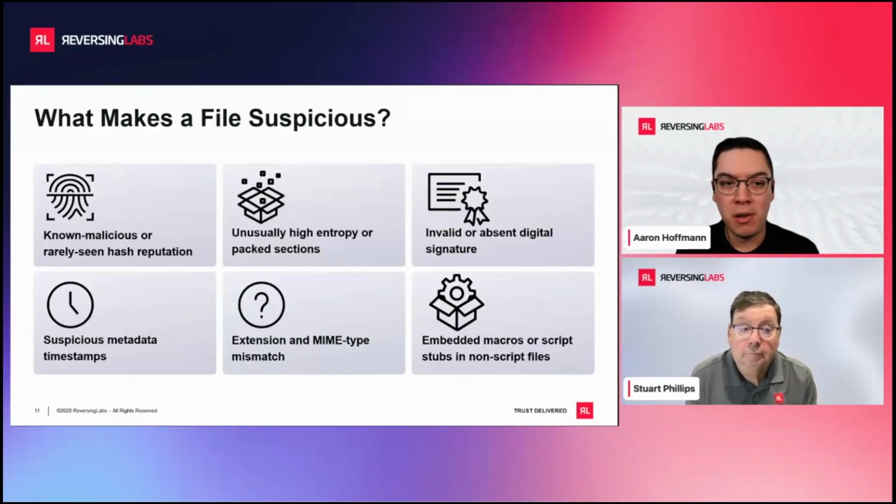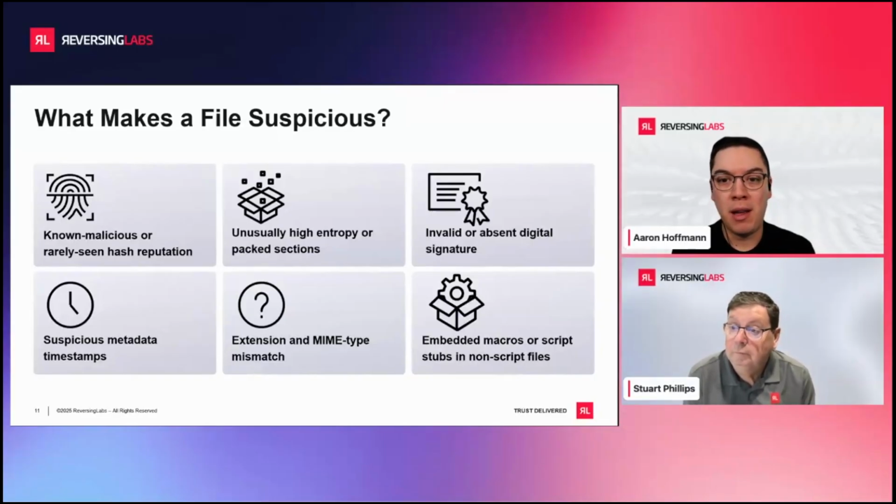So reputation checks are obviously going to be one of them. Files that have high entropy or packed sections. So think about files that may be trying to obfuscate the actual code that's running within those files or programs. A lot of times, malware authors will do this to avoid detection from various AV engines and whatnot. So that can be a point of suspicion there.